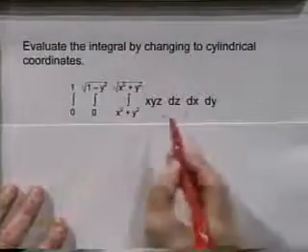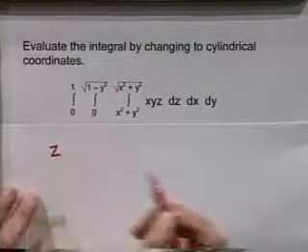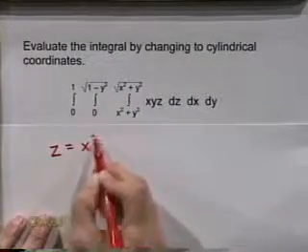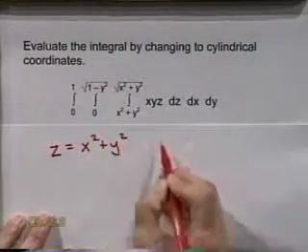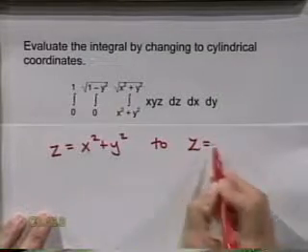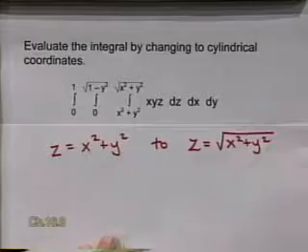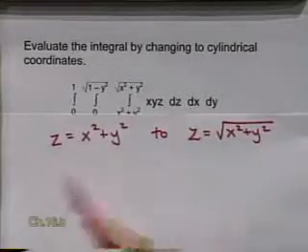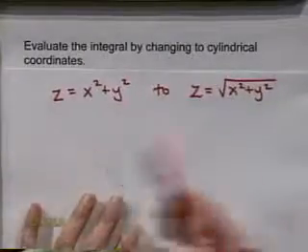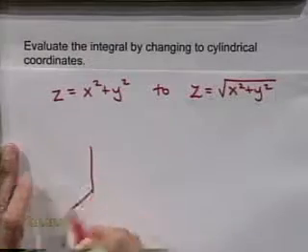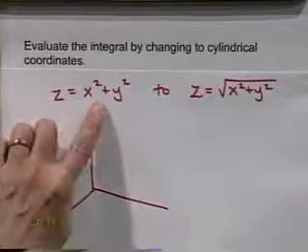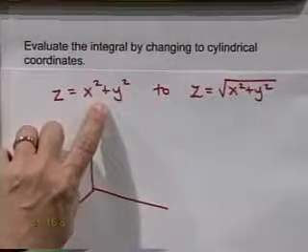With this one, notice the inner integral has z ranging from z equals x squared plus y squared to z equals square root of x squared plus y squared. That's what z is ranging from. So I have to know what those things look like. Well, what does z equals x squared plus y squared look like?